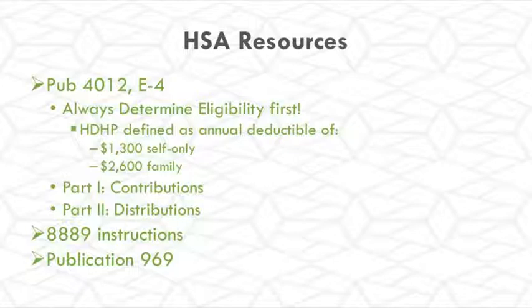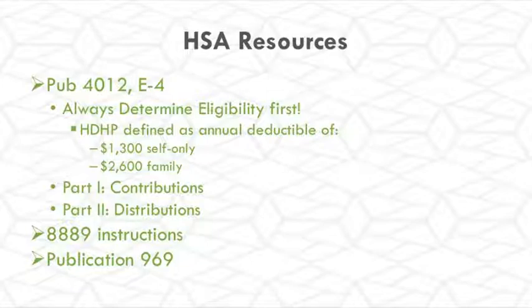Let's talk about HSA resources to consult. In the Pub 4012, you can go to E4 to determine eligibility. Remember, for someone to be eligible, they have to have a high deductible health plan. And as of 2016, an HDHP is defined as an annual deductible of $1,300 for self-only plans and $2,600 for family plans.